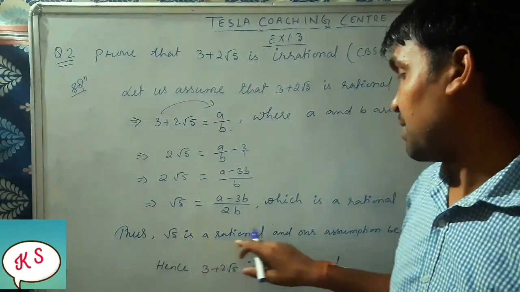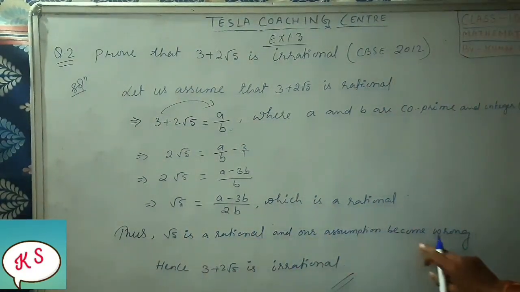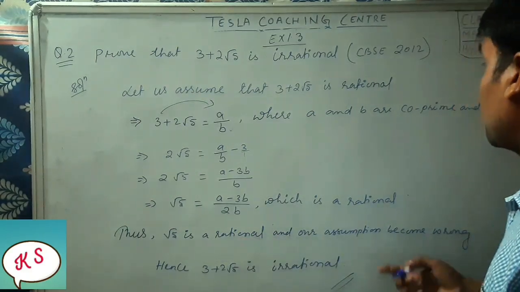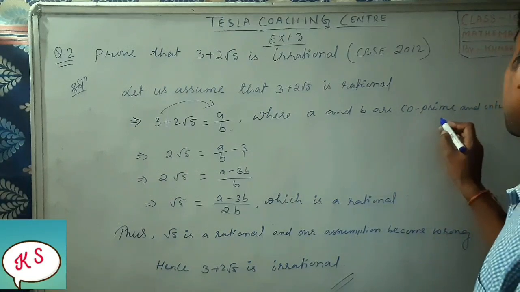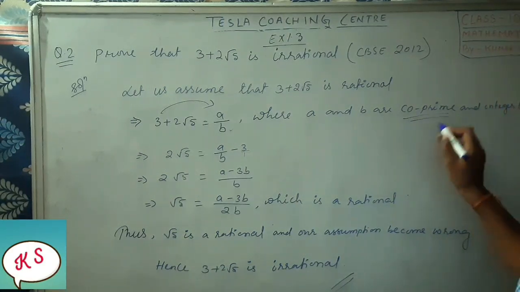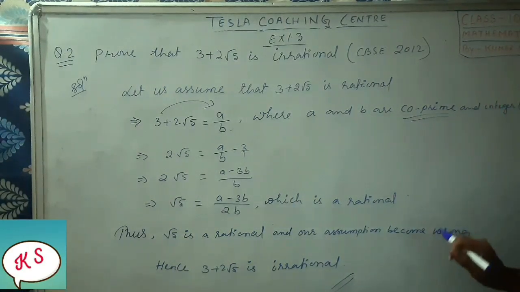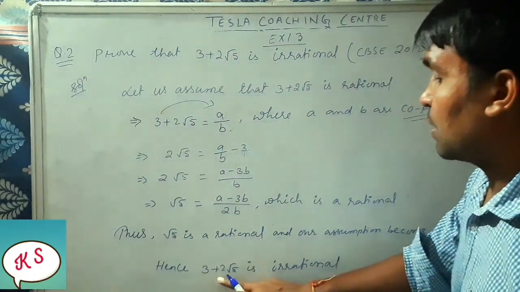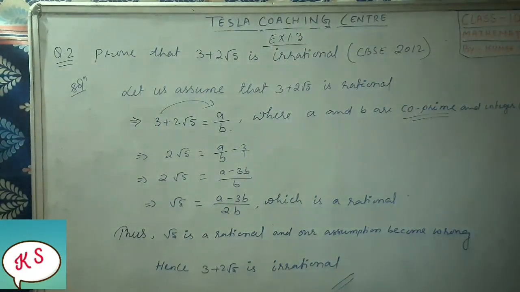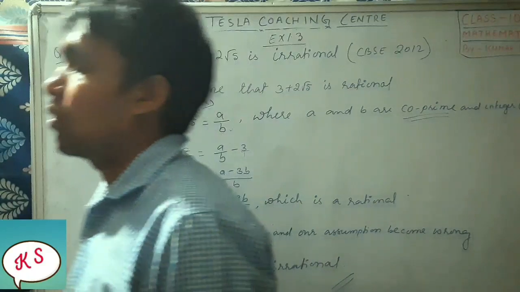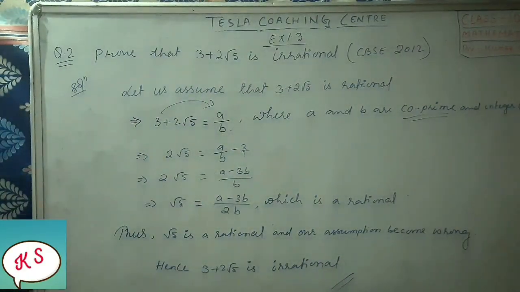So root 5 is rational and our assumption becomes wrong, because this is not a co-prime pair of numbers. So root 3 plus root 5 will be called an irrational number.